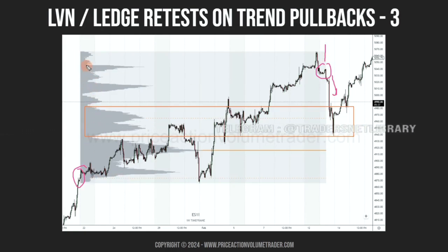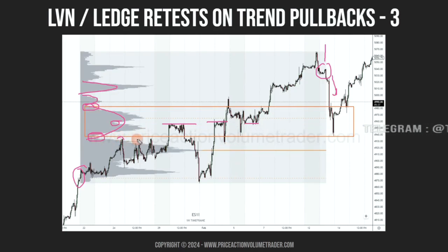And you can see we have some small high volume nodes here. But then we have this pretty significant one. We do have this cut in the middle. As you can see, we had some resistances and supports, but we have very clear low volume node edges on the sides.